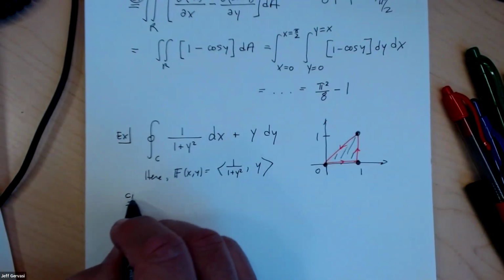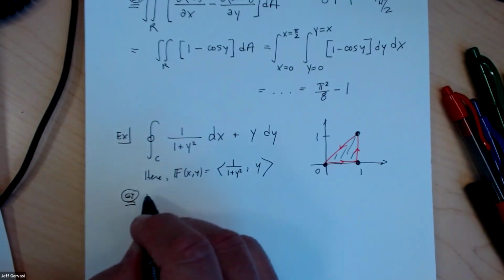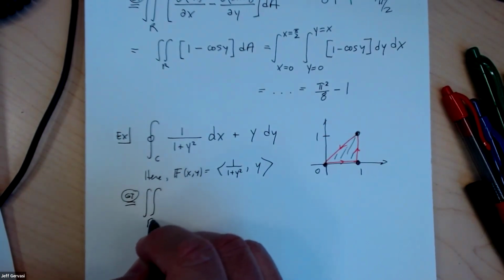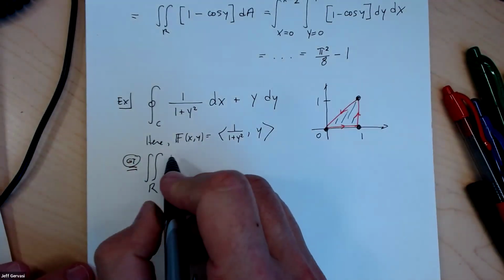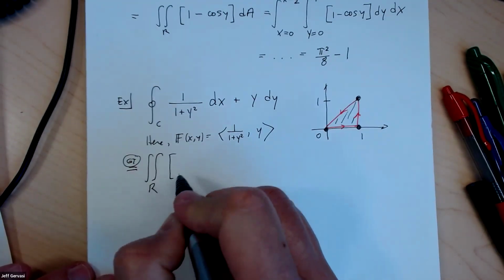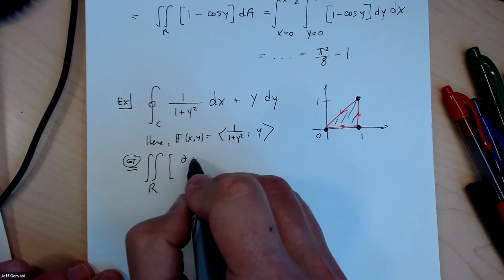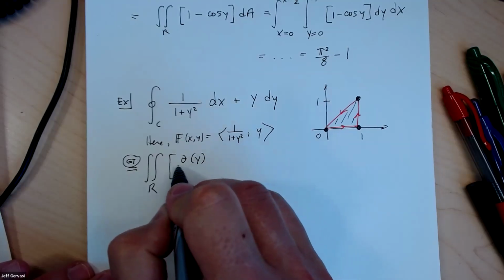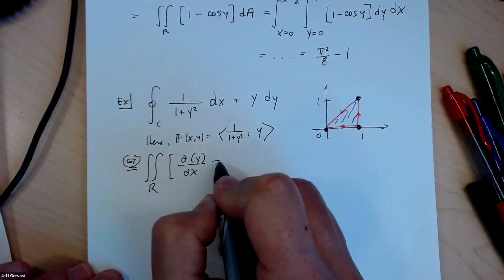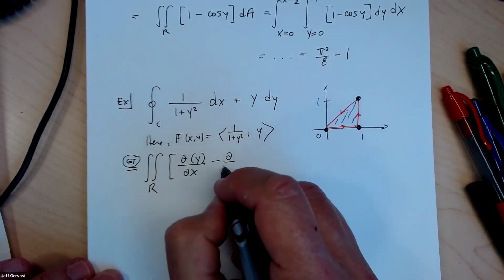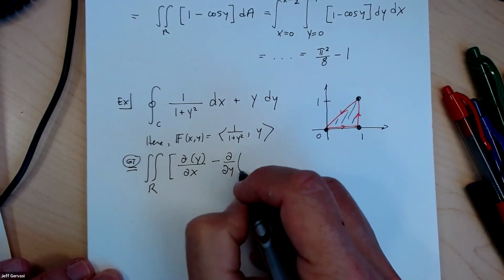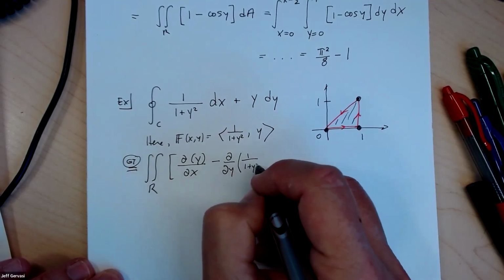If I apply Green's theorem to this, we'll take the partial of g with respect to x minus the partial of f, which is this fraction right here, with respect to y.